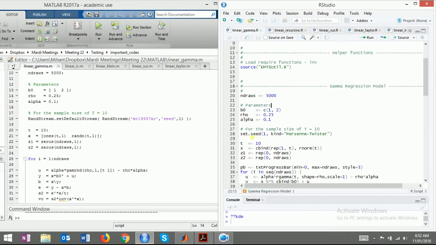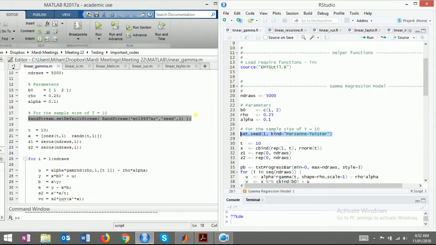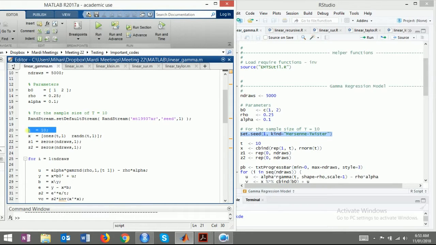So random stream, set global stream, random stream MT19937ar with seed 1, or in R set.seed. We can do 1 or 1 2 3 4 5, anything, Mersenne Twister. First, starting with T 10, X: always remember the first column is ones, and the second is the randomly generated column.